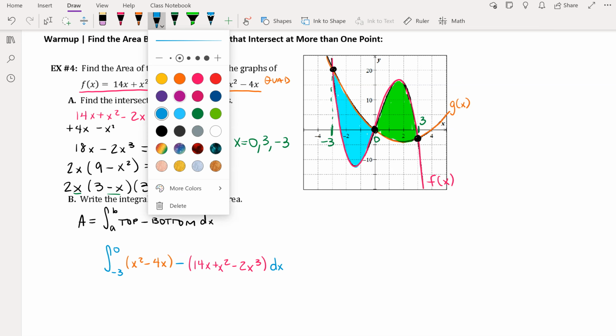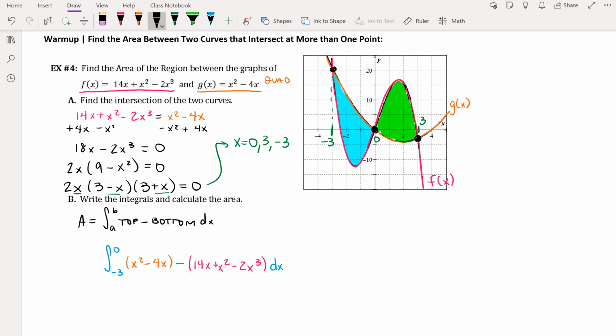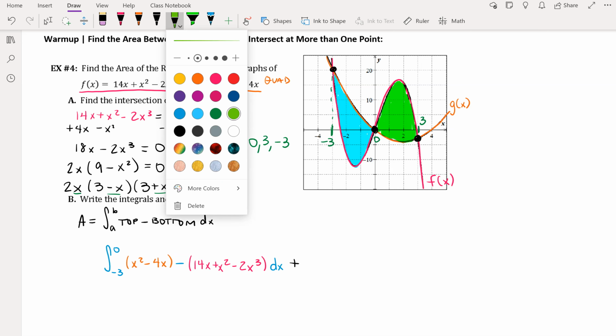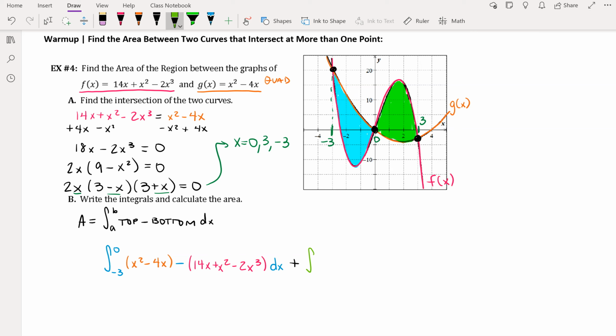Then, because we have a second shaded region, we need to add. So plus, and then we're going to do the area of our green shaded region. So the integral from 0 this time to 3, right? The integral from 0 to 3. Use your x boundaries there always. And then my top function this time is f of x. It's my pink function.